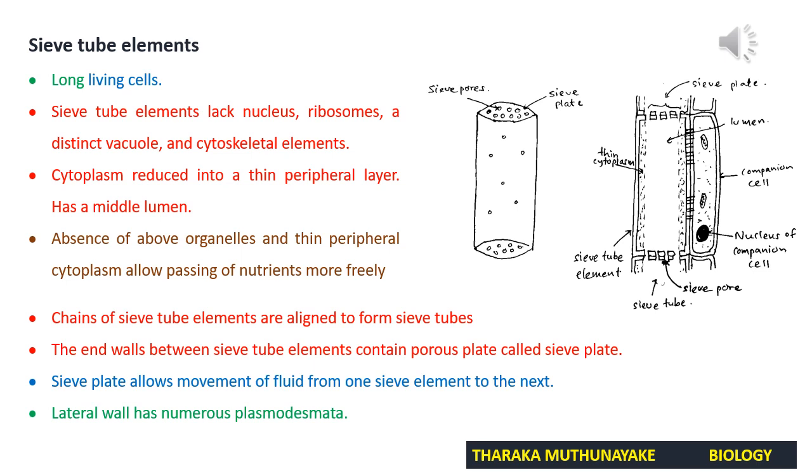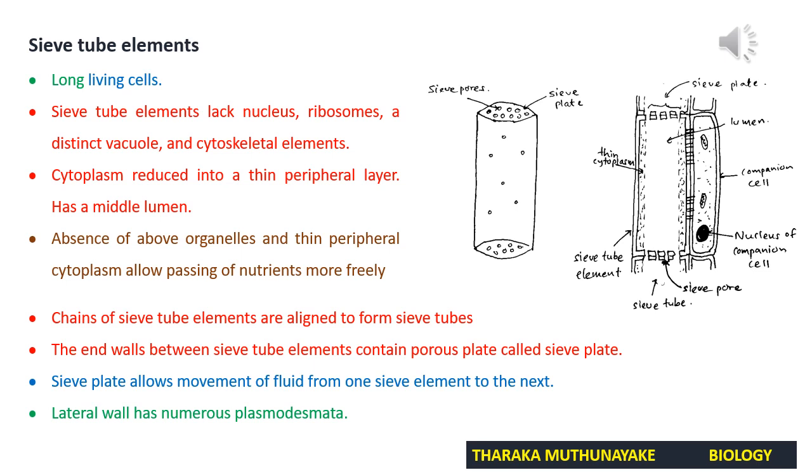Here first one, sieve tube elements lack nucleus, ribosomes, a distinct vacuole and cytoskeletal elements. The absence of these organelles is important to provide more space to the lumen. Then second adaptation, cytoplasm is reduced into a thin peripheral layer and has a middle lumen.